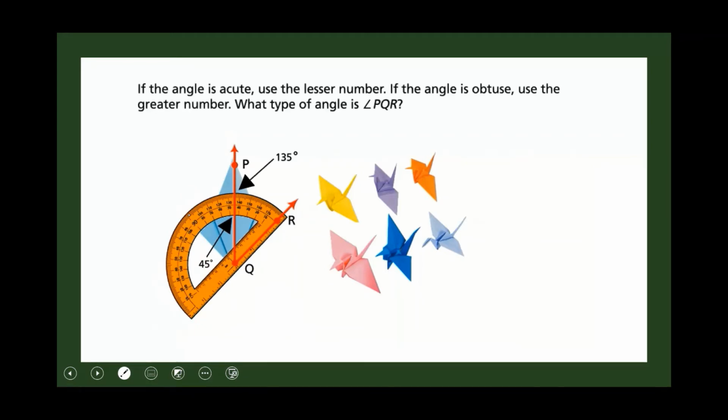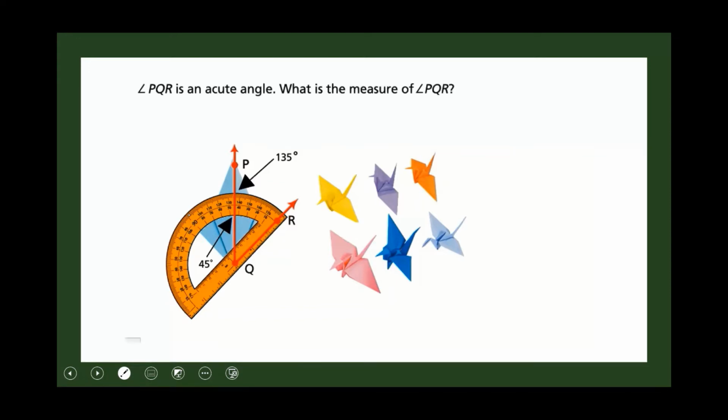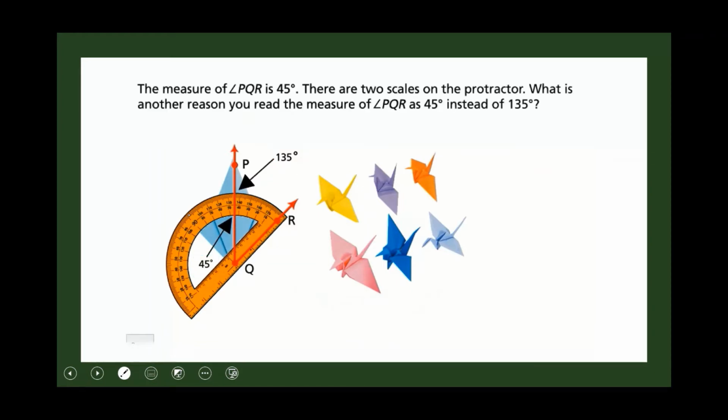If the angle is acute, use the lesser number. If the angle is obtuse, use the greater number. What type of angle is angle PQR? Can you tell me? Angle PQR is an acute angle. What is the measure of angle PQR? Select your answer. Now, it's 45 degree and 135 degree. 45 degree. The measure of angle PQR is 45 degrees.